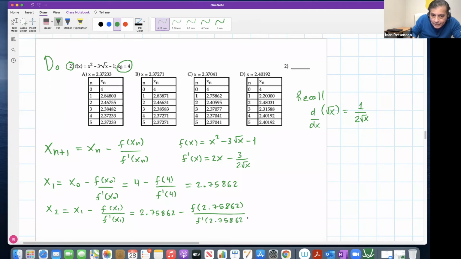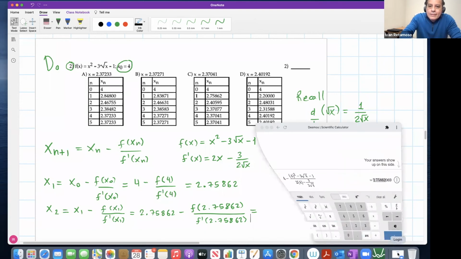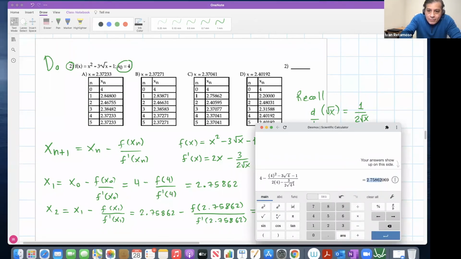I can do it efficiently by bringing back what I had before and replacing the old number with the new number, 2.75862.